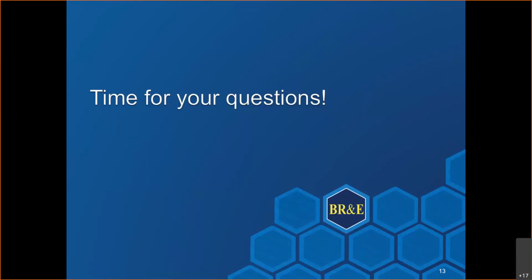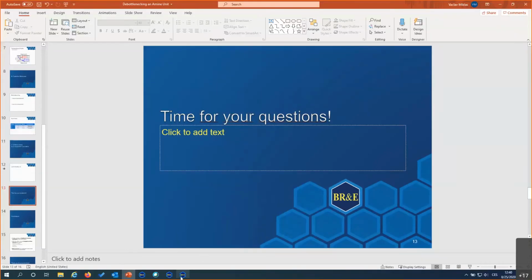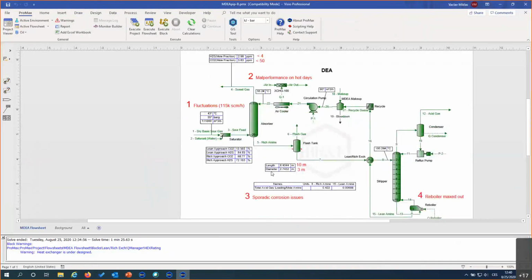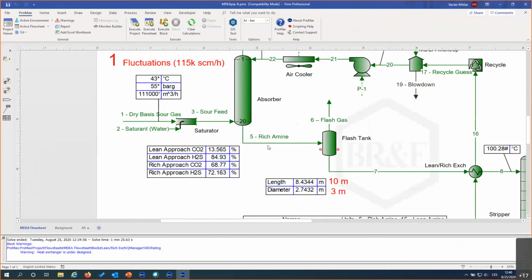Can you please show us again how you calculated the lean MDA flow rate when you switched from DEA to MDA? Sure. So what I did is that I looked at rich loading, which is calculated in an analysis in this rich amine stream.